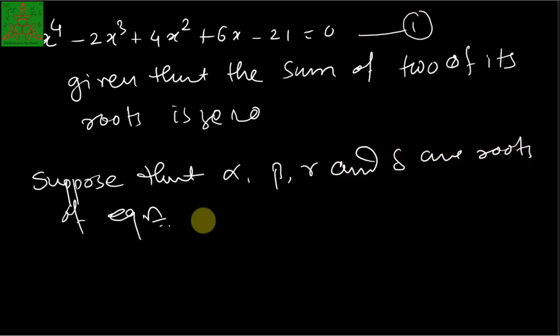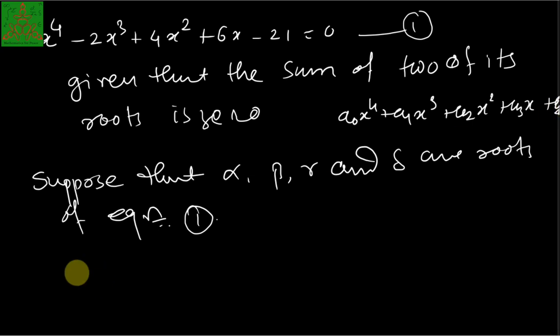Let's say the equation is 1. By the relation between the coefficients of a polynomial and its roots, if I compare this equation with a0 x raised to 4 plus a1 x cubed plus a2 x squared plus a3 x plus a4 equal to 0, we have alpha plus beta plus gamma plus delta equal to minus a1 upon a0.